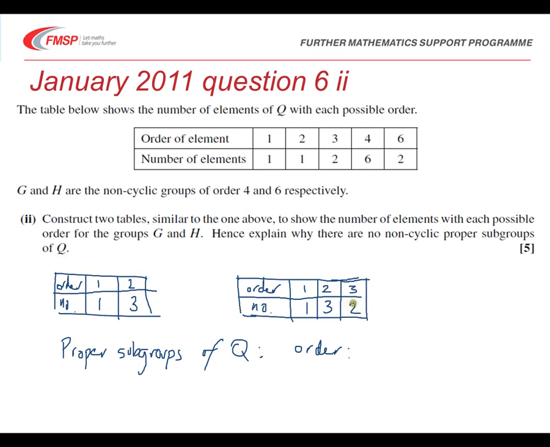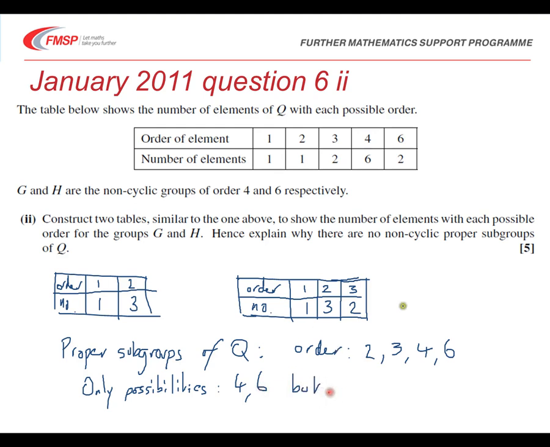The big group has got order 12, so it would have the numbers that divide 12 other than 1 and 12 because they're trivial. The proper ones could be 2, 3, 4 or 6. Now we know here that 2 and 3, those groups are cyclic, so the only possibilities for a non-cyclic subgroup are 4 or 6.